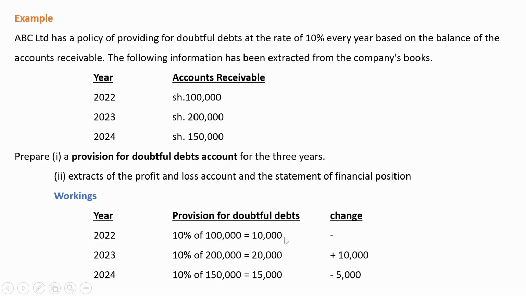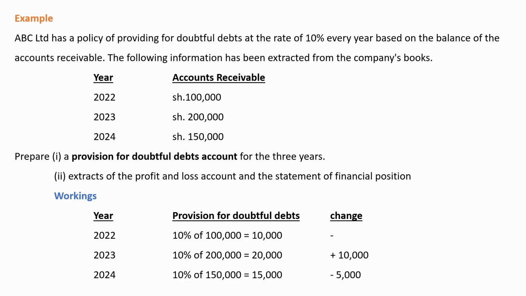The previous amount was 10,000. The current amount is 20,000. So it has increased by 10,000. Then you go to the next year. The provision is 15,000. Compare it with the previous provision, which was 20,000. So the provision has decreased by 5,000. So you have 5,000 there.